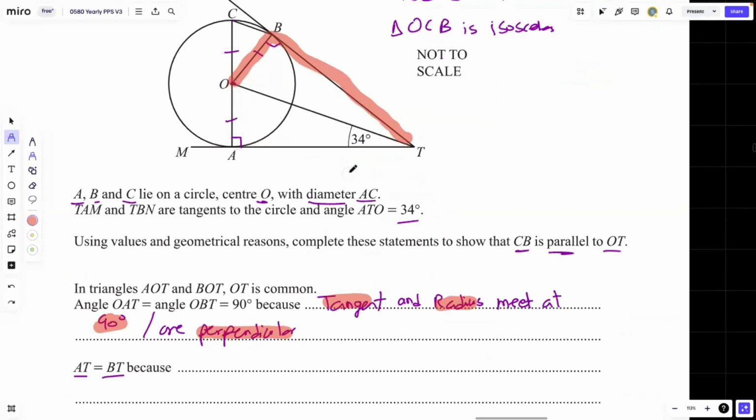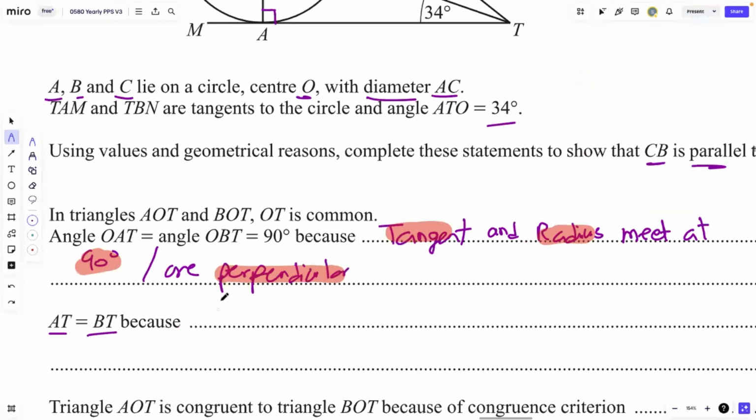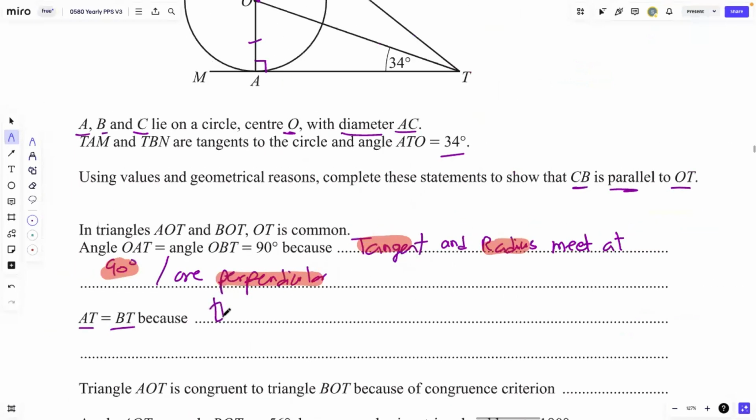So the reasoning should be here. What we are going to write as the valid reason is: because the two tangents to the circle are from the same point.